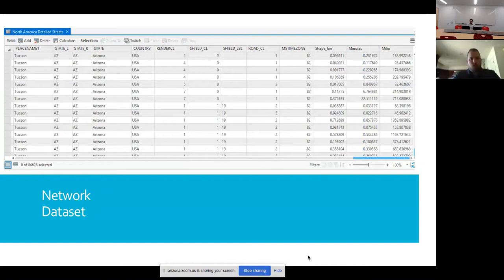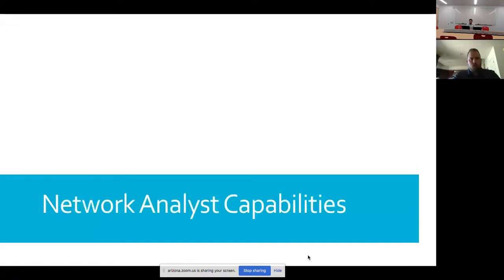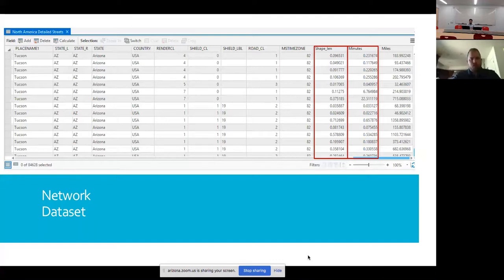They did not, and I had to add those fields. The attribute table was missing the shape length and minutes fields, which were required. So the shape length field was added, and the minutes, and also the distance field was converted to miles.